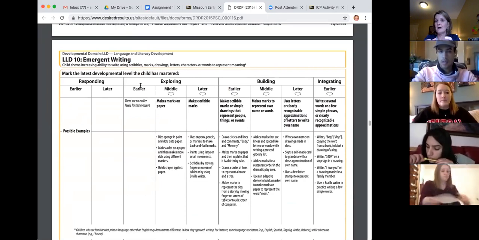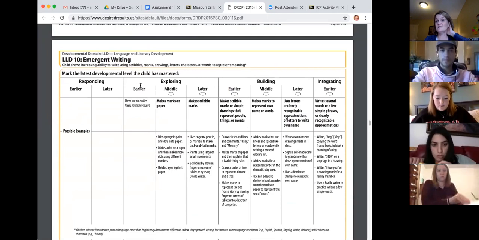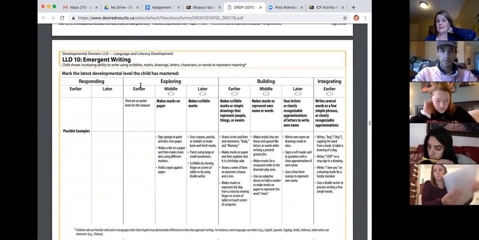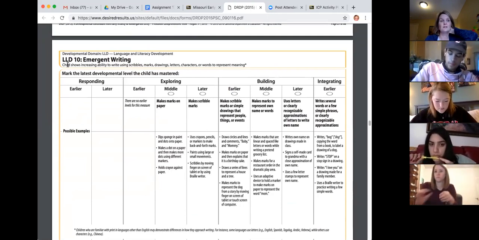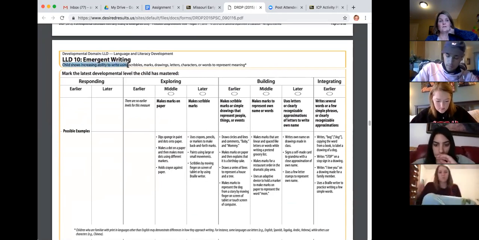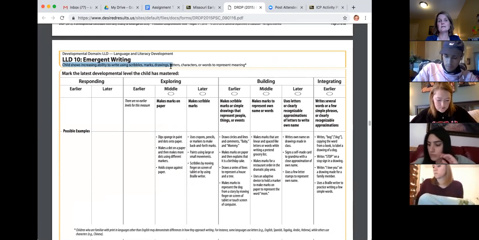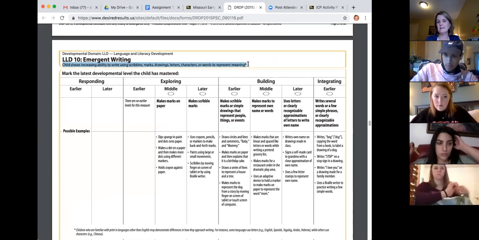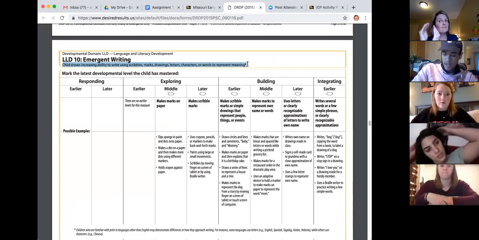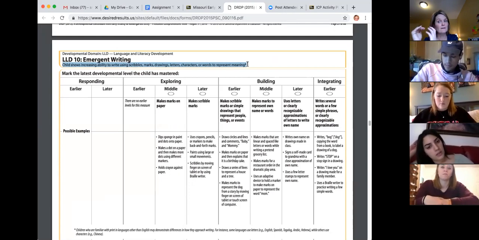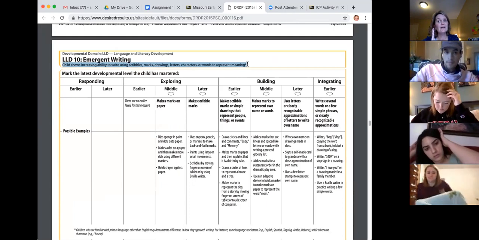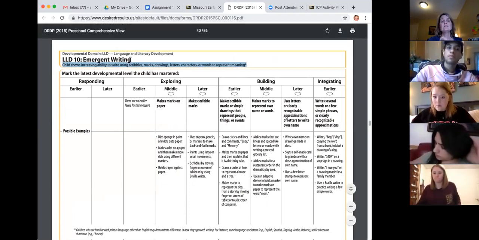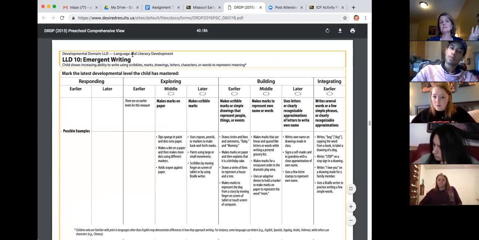They've made their pizza model. Your situation is after making a model of a pizza, then you're going to look right here. Children will write using scribbles, marks, drawings, letters to represent meaning. Okay, perfect. And then you have the end, in order to develop, and you can say emergent writing or you can say language and literacy development.